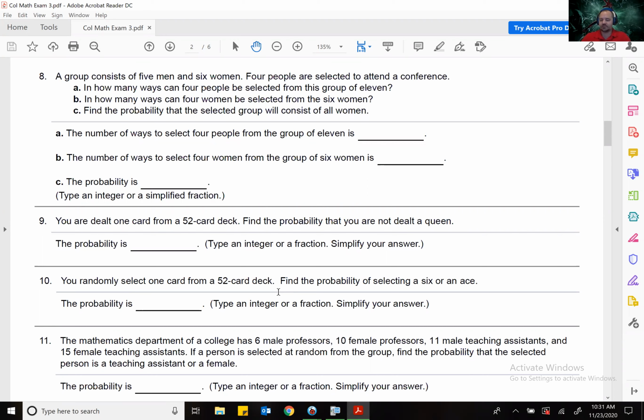Cool thing about this is we're selecting people to go to a conference. So in this case, order doesn't matter. I just need 4 people to go to a conference. I'm like, you, and you. You're going. Doesn't matter. I'm not ranking anybody. So this whole problem is a combination problem. Part A says the number of ways 4 people can be selected from a group of 11.